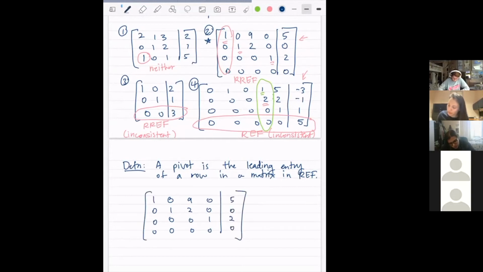Okay, so we have this particular matrix. The pivots are going to be just each of the leading entries. So these ones, right?